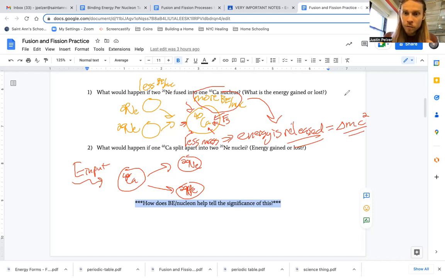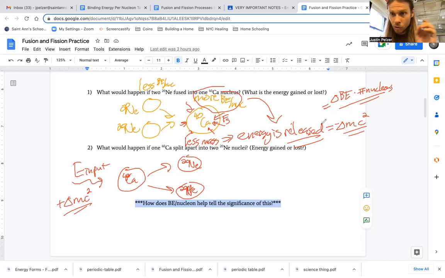I could also figure out the energy released by looking at the change in binding energy times the total number of nucleons. That's pretty cool. So either way, I can calculate the energy released. That's the same as the energy input, delta m c squared, but I have to add it here. It's negative. It's reduced, so energy's output.